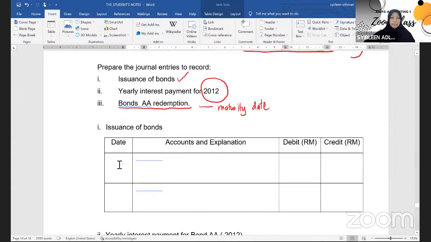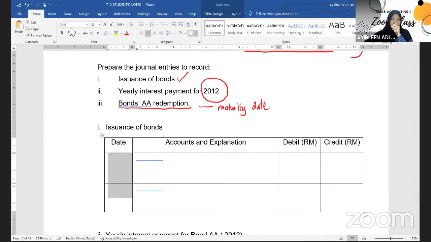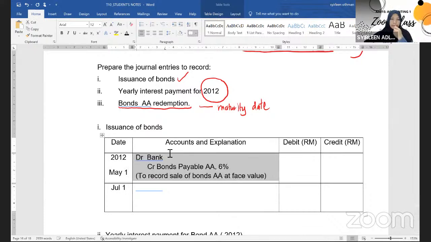So tarikh tu ialah tahun 2012. I have here the first transaction ialah pada May 1st. That is when you issued the bond for AA. So bila saya issued bond untuk AA, I am going to debit bank, and I am going to credit bonds payable.